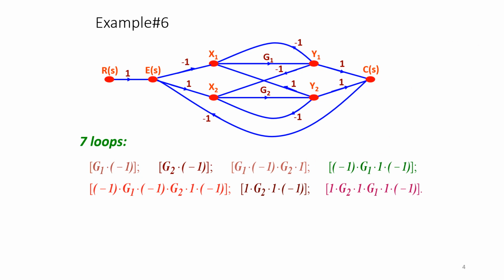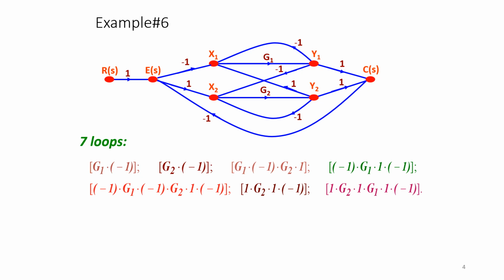Okay, so let's see. This is one loop, this is another direct loop that I have, G2, then G1, minus 1, G2, 1. So I'm starting from here, G1, minus 1, then G2, 1. So this becomes another loop, this one, an 8-like structure.